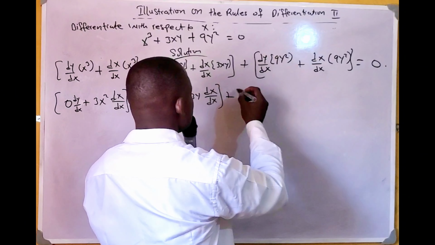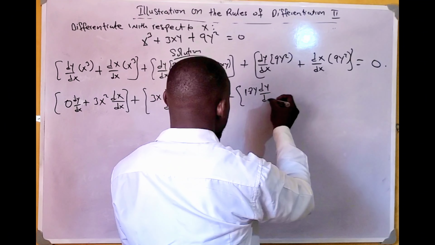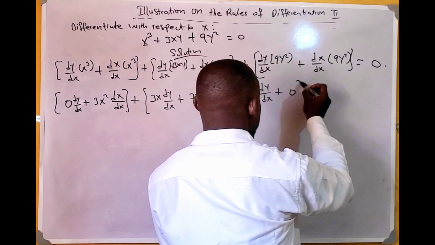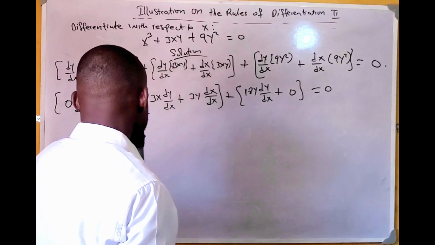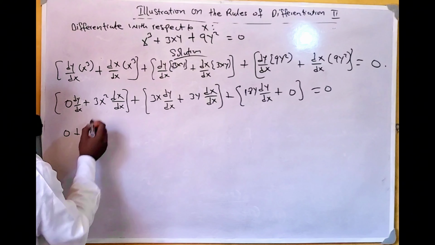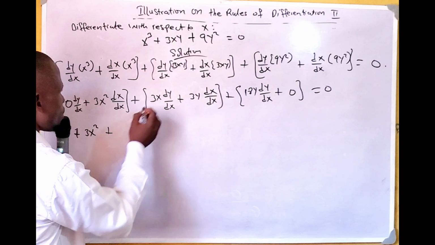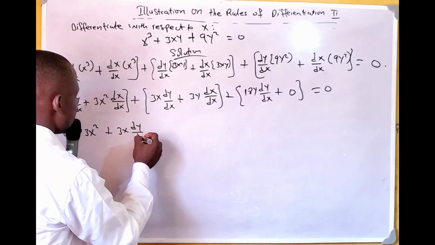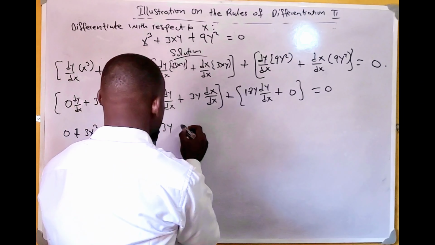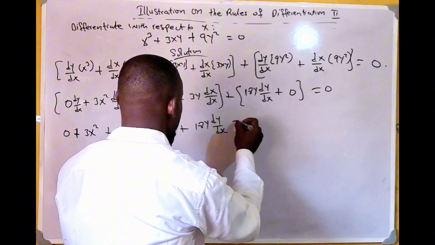Here there's y, we can find the derivative. We have 18y dy/dx, plus here there's no s, so it is a constant. The derivative will be 0. Everything equals to 0. So this is 0, so everything here will be 0. This will be 0 plus ds, same thing as 1. 0 plus 3s square plus this 3x dy/dx plus 3y ds, same thing as 1, plus 3y. This plus 18y dy/dx equals to 0.